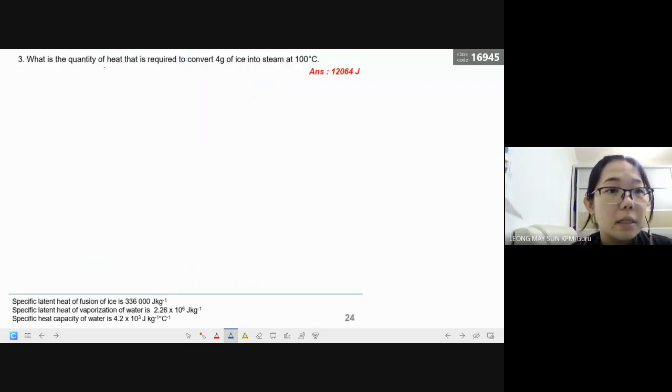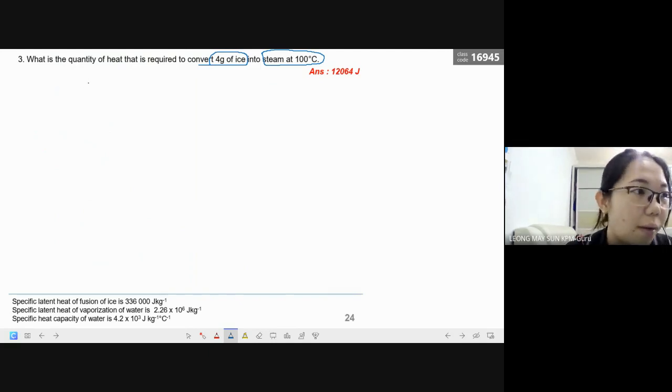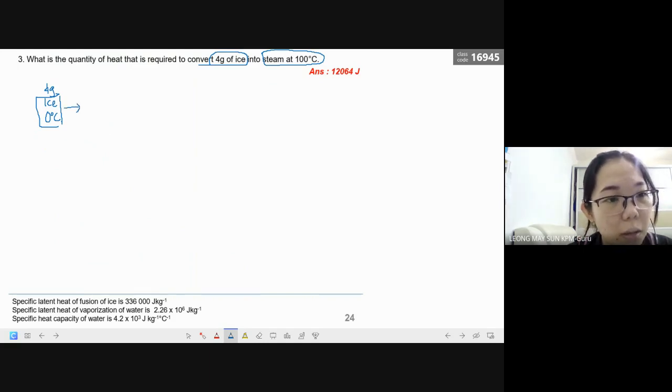What is the quantity of heat required to convert 4 gram of ice to steam at 100 degrees Celsius? So please do take note over here. Okay, so I am going to draw out a phase change. All right. 4 grams of ice will obviously be at 0 degrees Celsius. Okay, ice at 0 degrees Celsius will have to change to water at 0 degrees Celsius.